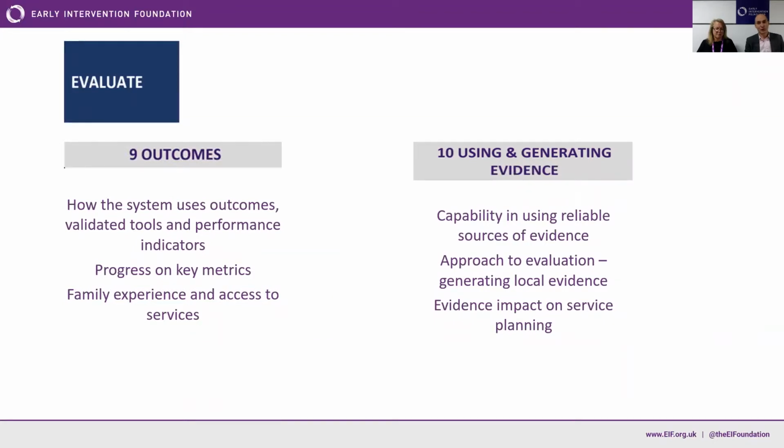It also looks at whether there is progress being made for families. So on the key metrics, are things getting better for families across the early years system, but in particular in language and communication. And it looks at whether family experience is measured alongside the quantitative measures of progress.